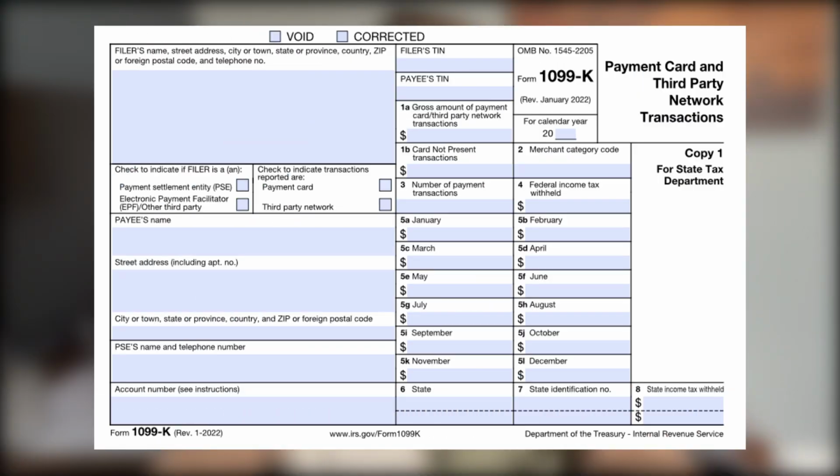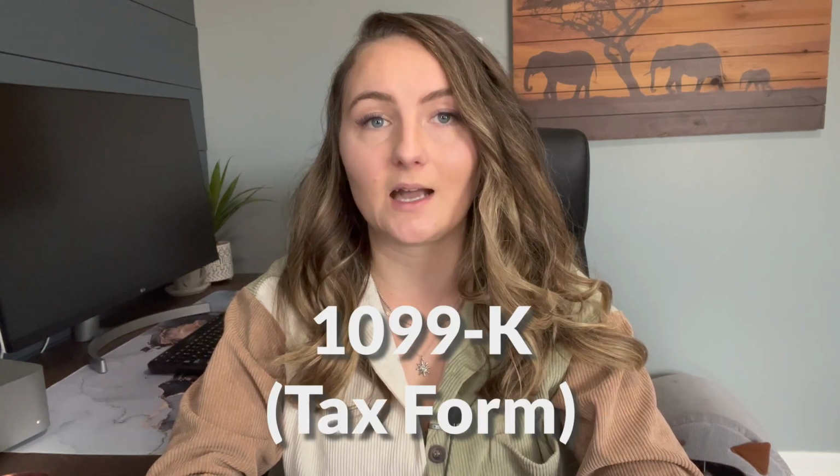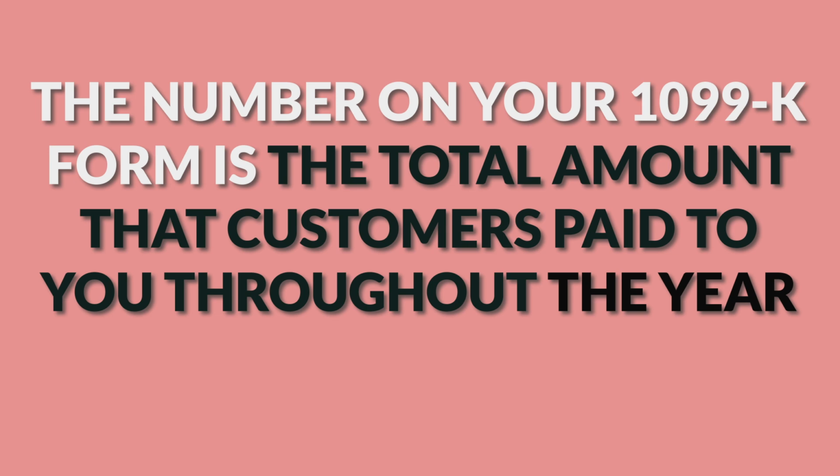Etsy will send you a 1099-K form at the beginning of the year. You should already have it right now if you're watching this in 2023 when I release it. But it's important to understand what this document actually includes. The number on your 1099-K form is the total amount that customers paid to you throughout the year.